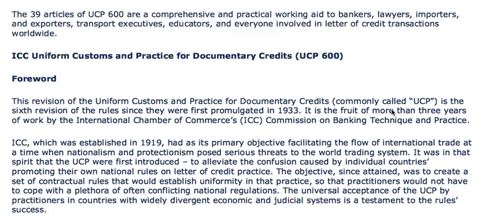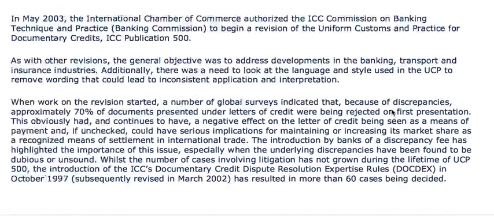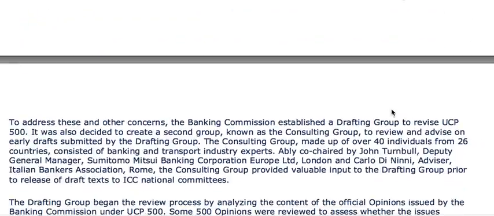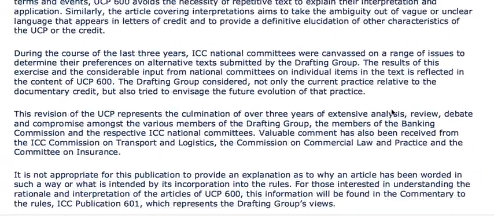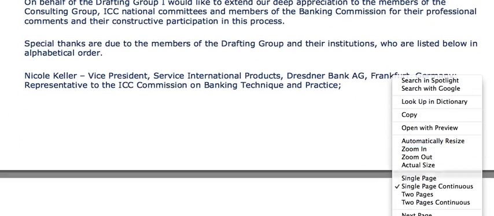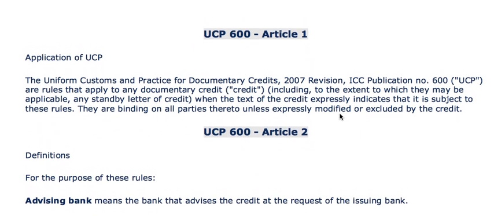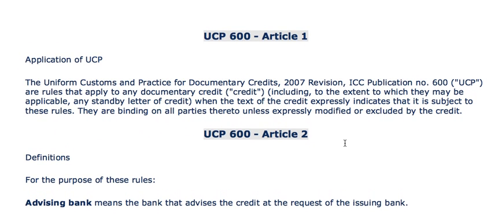So without going into the background of how it was, or when it started, let us come direct to the sections, articles in that. So it is Article 1. Article 1 talks of the application of UCP, where UCP 600 will be applied.